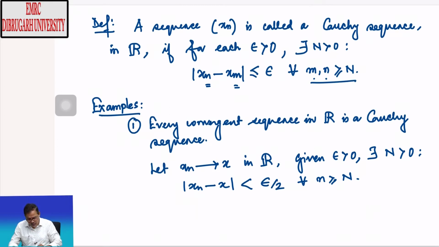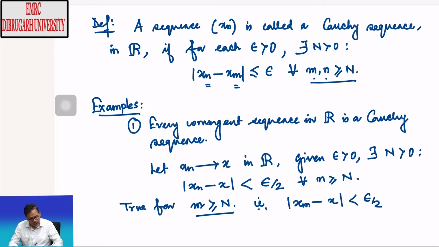Now, this is true for some m also which is greater than or equal to N, that is x m minus x is less than epsilon by 2 for all m greater than or equal to N also.